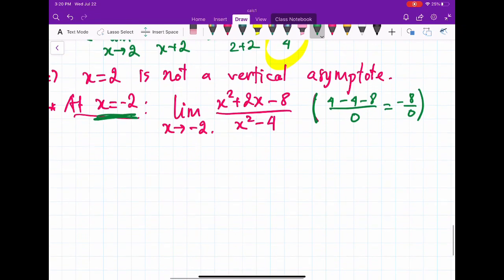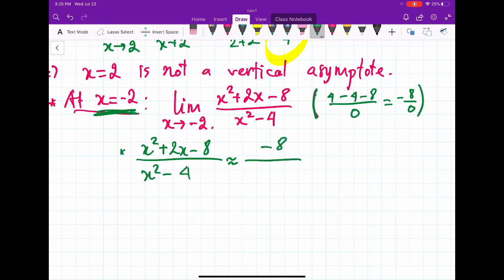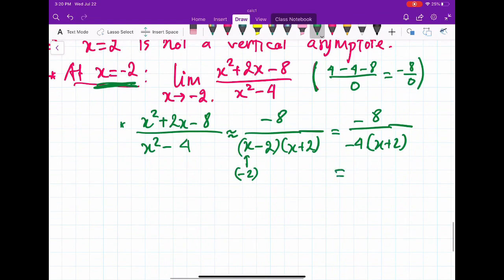So how to write a solution? I will accept the following solution. You can write at negative 2, x squared plus 2x minus 8 over x squared minus 4 is similar to negative 8 over, again you factor x minus 2 in here and x plus 2. And you plug negative 2 into this. So this is negative 8 over negative 4 times x plus 2, which is 2 over x plus 2.